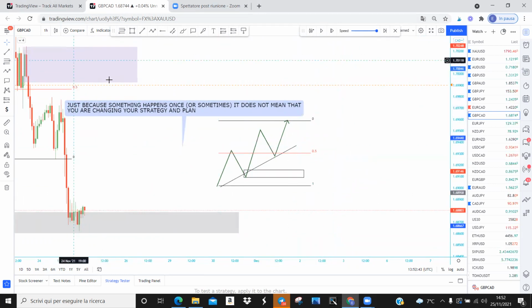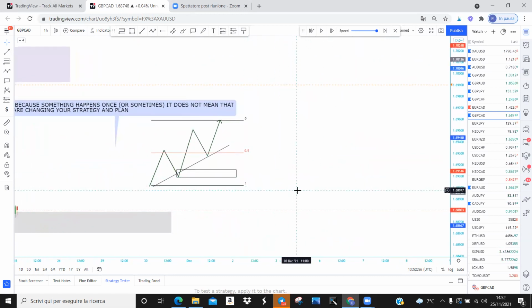And if you think about it, this is why there are traders still trading with trend lines, still trading with random entries. And this is why they're not profitable. This is where I was too about 7 years ago. Sometimes you have your nice trend line.